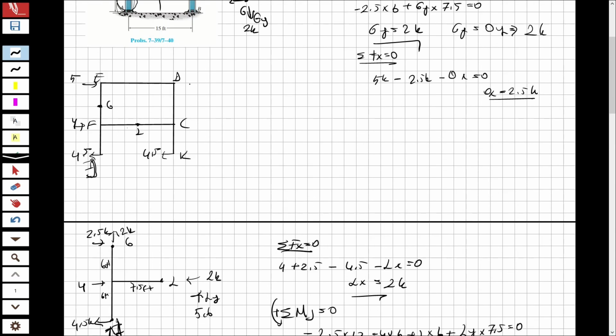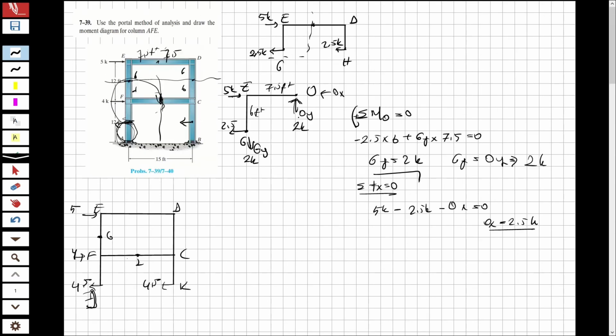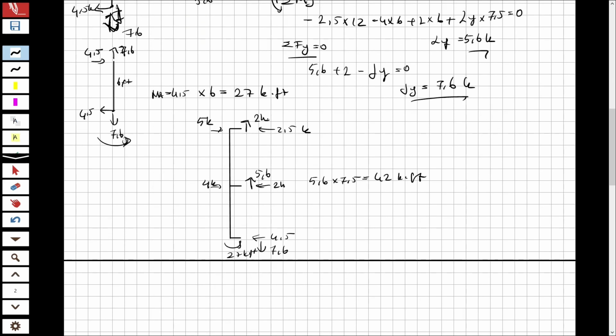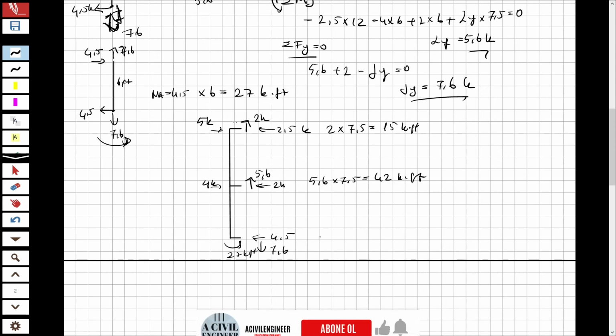Let's check together. Look at here, this is 2 kips. 2 multiplied by 7.5, because you know this length comes until here, it's 7.5. It is equal to 15 kips feet. Now we have the moment values.